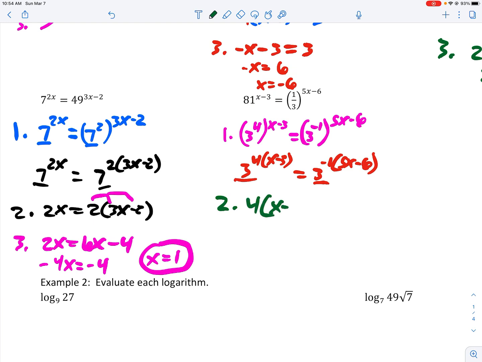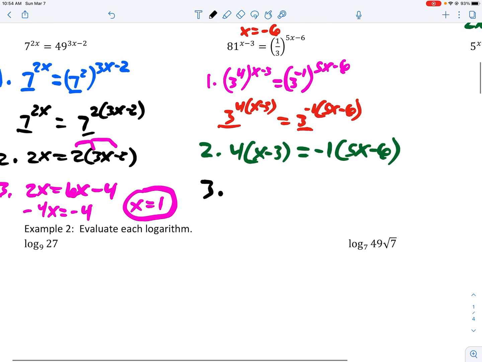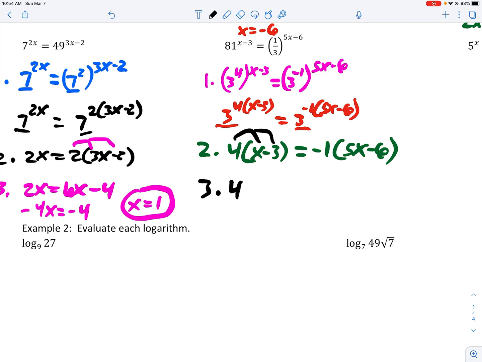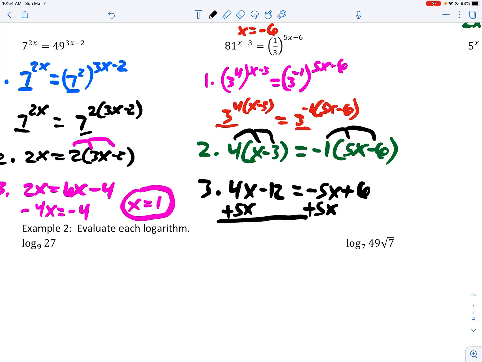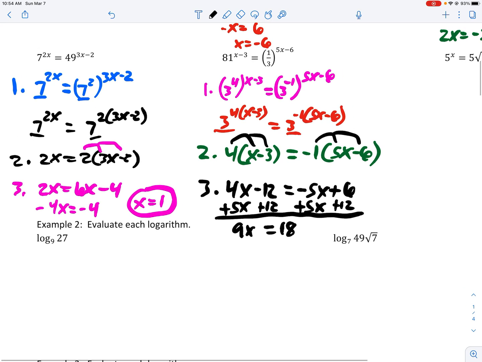So 4 times x minus 3 equals negative 1 times 5x minus 6. And then step 3, now I can solve. So I can distribute. So 4x minus 12 equals negative 5x plus 6. So we can add 5x to both sides. So we get 9x. And then we can add 12 to both sides. So we get 18. And then we can divide by 9. So x equals 2.